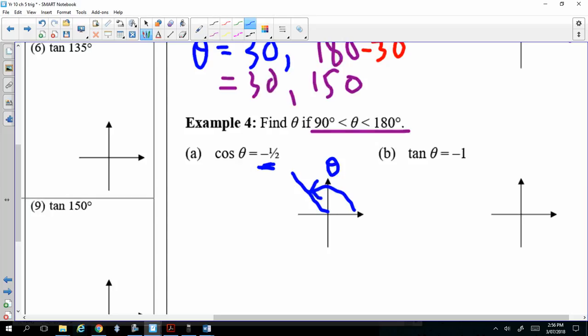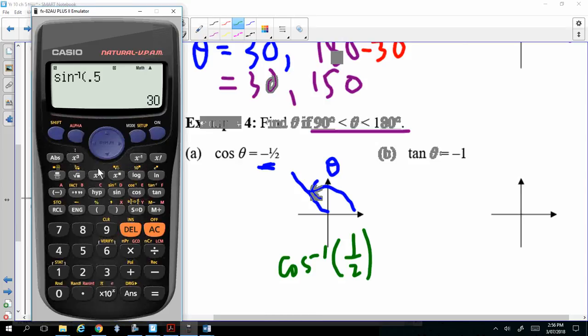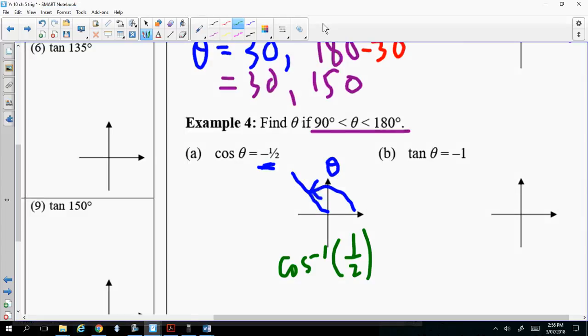So it would be cos inverse of 0.5, which is equal to 60. So put 60 here. And then to work out theta, you do 180 minus the 60, which is equal to 120.